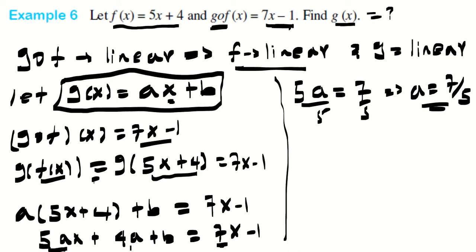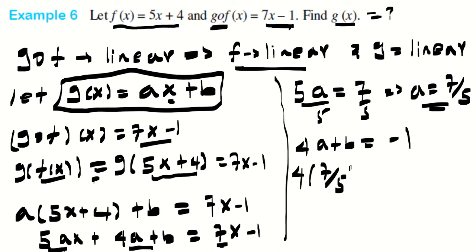And again, to get b, the constant term. What's the constant term here? It is 4a plus b. It must be equal to the constant term on the right side, which is negative 1. But we know the value of a, that is 7 over 5. So 4 times 7 over 5 plus b is equal to negative 1.